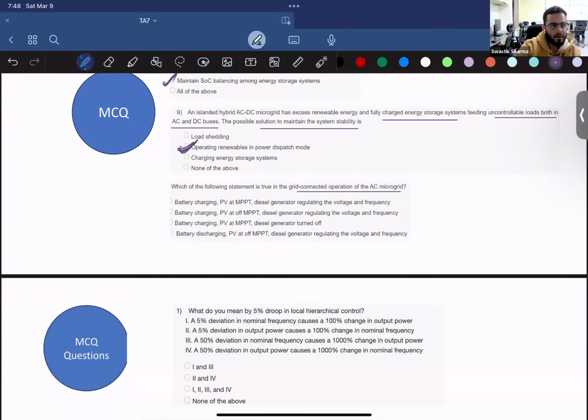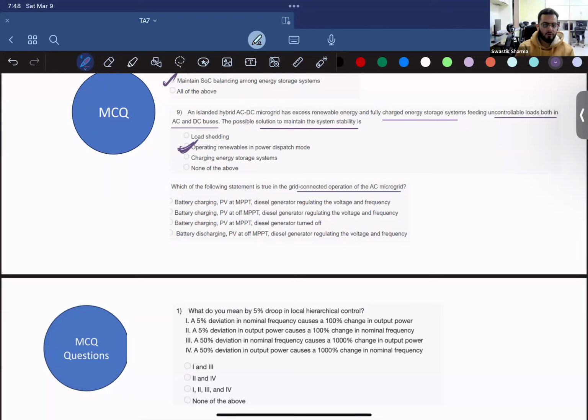So let's say you are at a grid connected operation, right? You are an AC microgrid and you are connected to the grid. So for any differences, you can get it from the grid, right? So what you can do is maintain your renewable energy sources at full MPPT and charge your battery simultaneously, so that whatever the difference is, it is covered from your battery energy storage systems and by interchanging power with your utility.